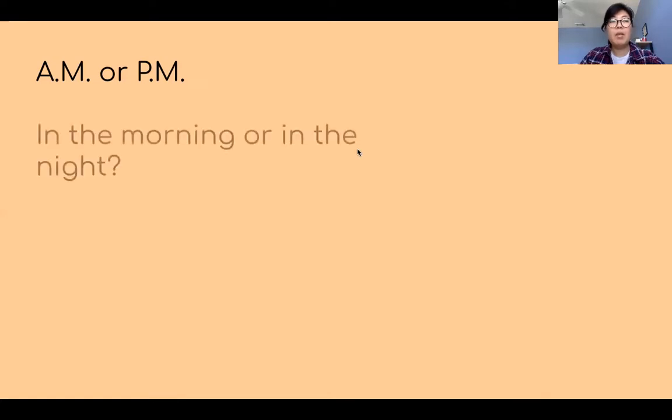So when we look at the clock, is it AM or is it PM? How do you know that it's AM or PM? A good question to ask is, is the time in the morning or is it in the night? AM is in the morning and PM is in the afternoon and at night.